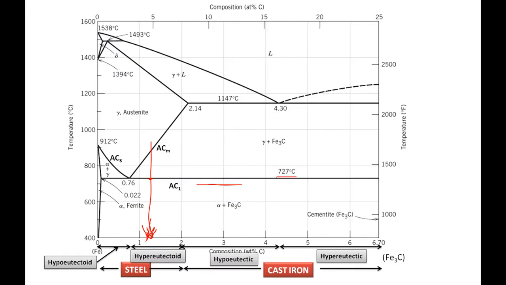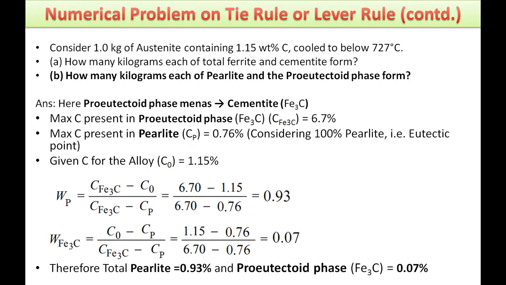Now come again to the phase diagram. I have told you that 100% pearlite is formed at this point. That means when 0.76% carbon is present, it forms 100% pearlite. That means pearlite contains 0.76% carbon. And we already know for Fe3C the maximum carbon percent is 6.7%, and the carbon present in the given alloy is 1.15%.